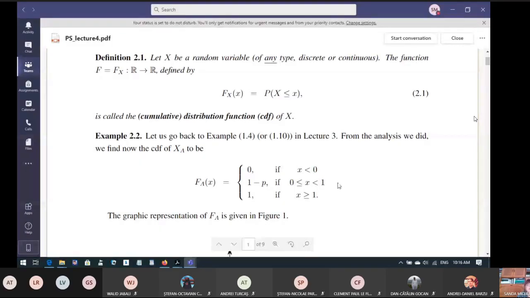I'm going to comment on that a little more later. For x between 0 and 1, this event was A bar, the complementary event of A. A had a probability of p, so the probability of its complementary event is 1 minus p. Finally, for x greater than or equal to 1, this event was the entire sample space, so the certain event. That means its probability is equal to 1.